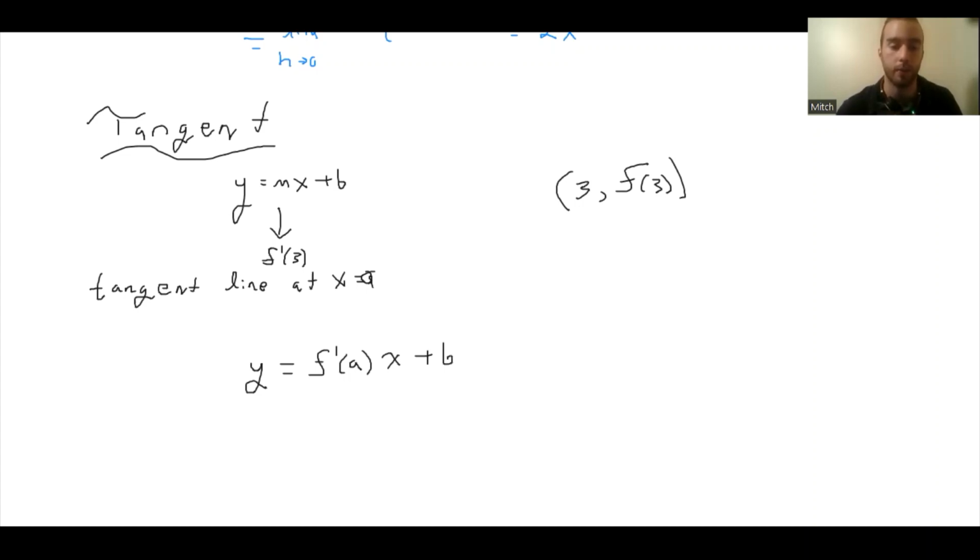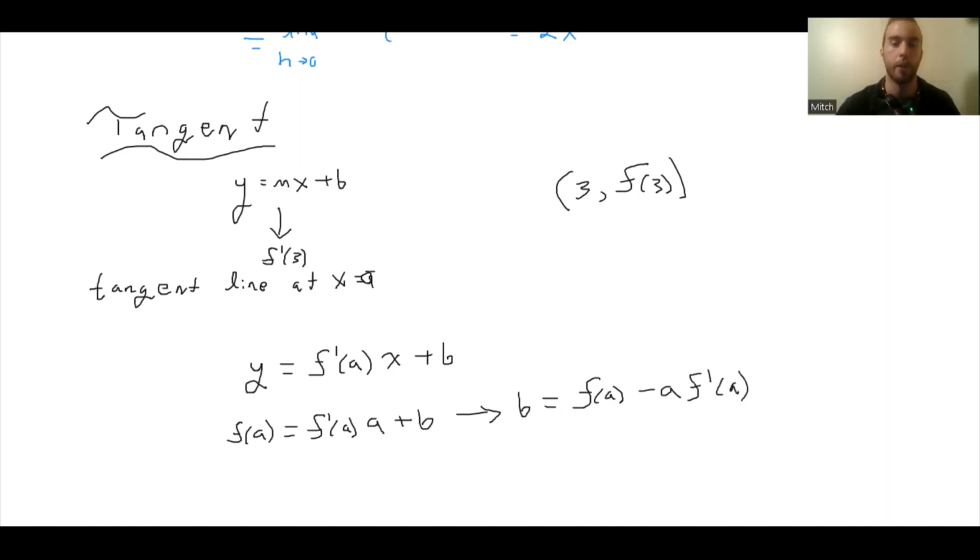So we know that this will go through f of a when x equals a. And so that means that b equals f of a minus a times f prime a.